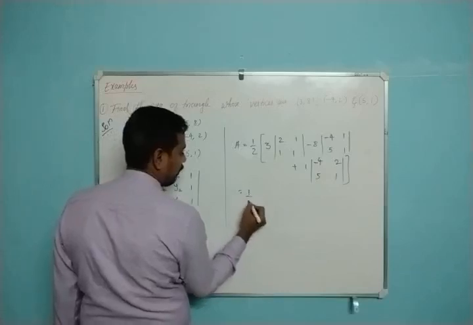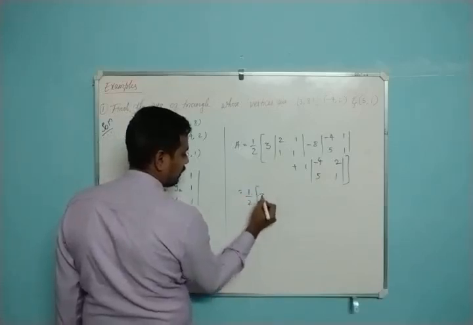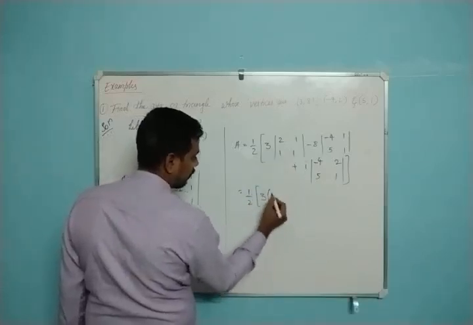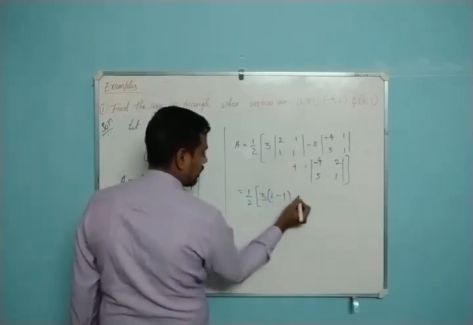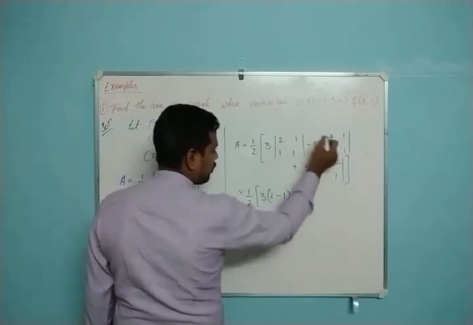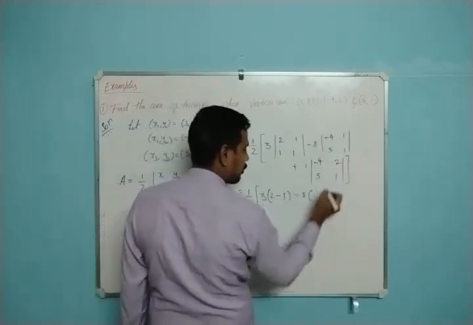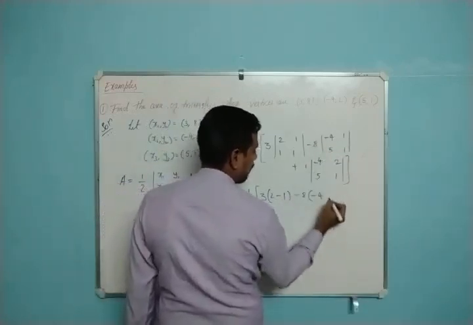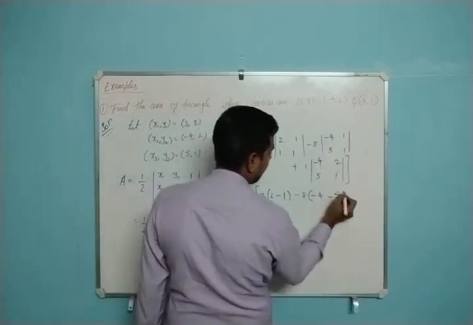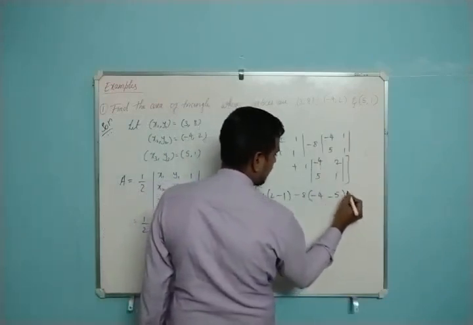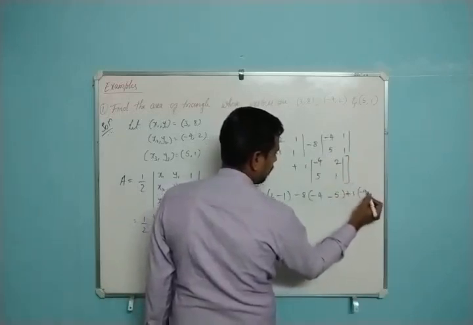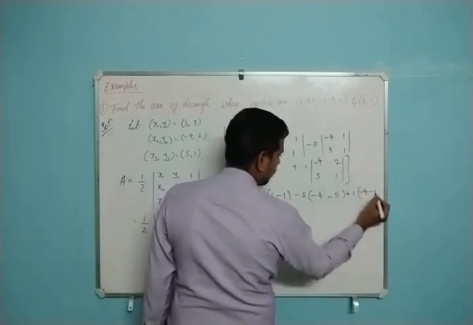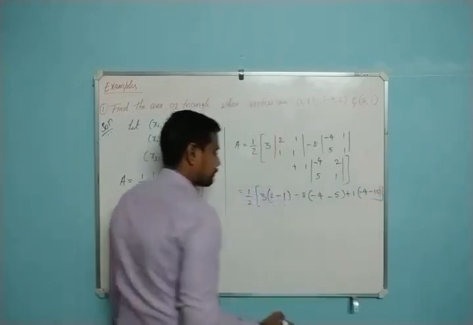So it is half, 3 times (2 into 1 is 2, minus 1 into 1 is 1), minus 8 into (-4 into 1, minus 5 into 1), plus 1 into (-4 into 1, minus 5 into 2, that is 10).